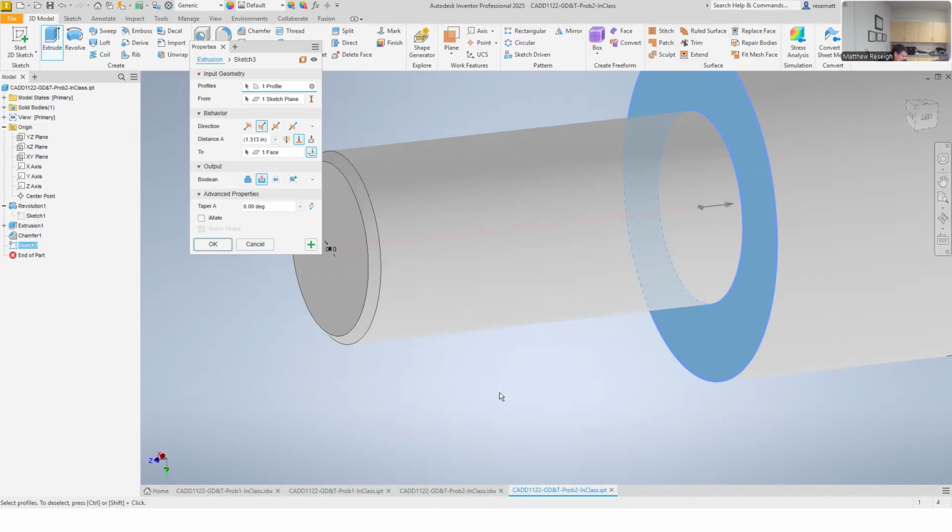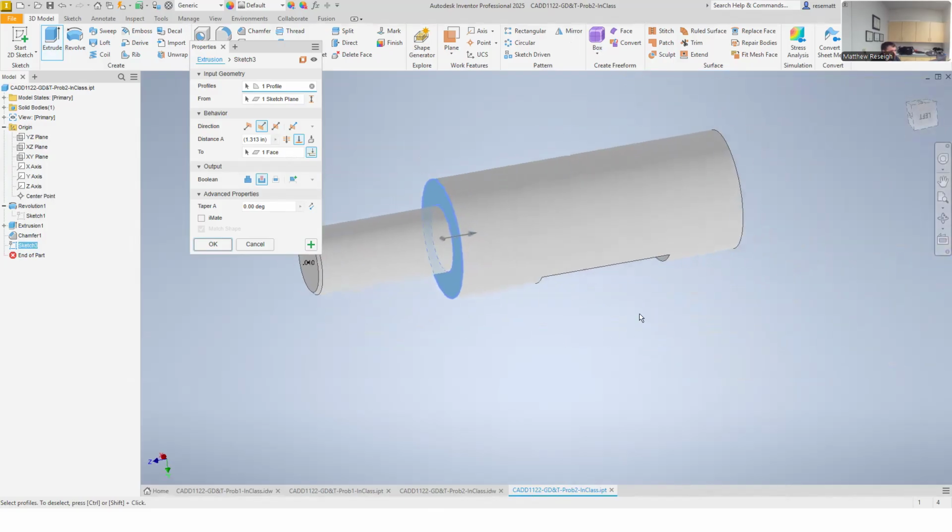Then we're going to apply a concentricity GD&T control, and that's going to control the location of this particular protrusion to datum A, which I've put as the center axis of really the entire part, or at least through here, based off this diameter.